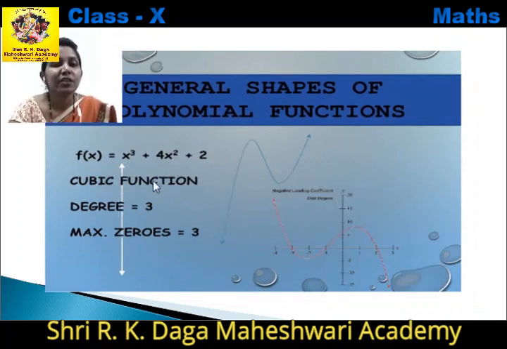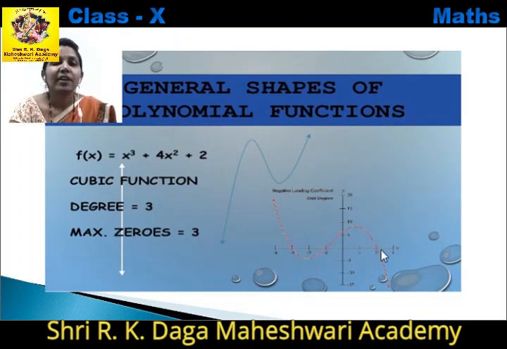Third case is cubic function. In this example you can see x cube plus 4x square plus 2. This is a cubic polynomial because the highest power of variable is 3. Now its degree is 3 and maximum number of zeros will also be 3, because this graph intersects x-axis at 3 points. See, 1, 2, 3.